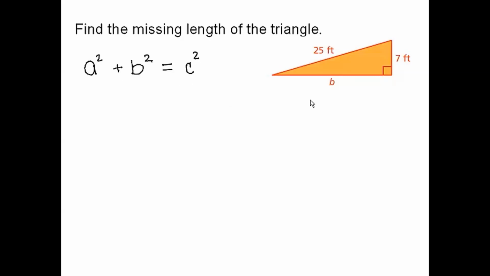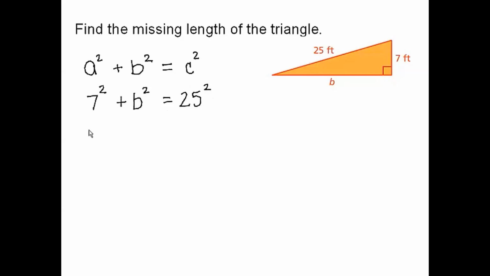So what we'll do to find B is substitute in the values for the hypotenuse and the leg A. So we have A is 7 feet, so we have 7 squared, plus our other leg is B, so we leave that as our variable and have B squared. Then we need the hypotenuse, which is 25 feet. So we have 25 squared, so that we can solve for B.